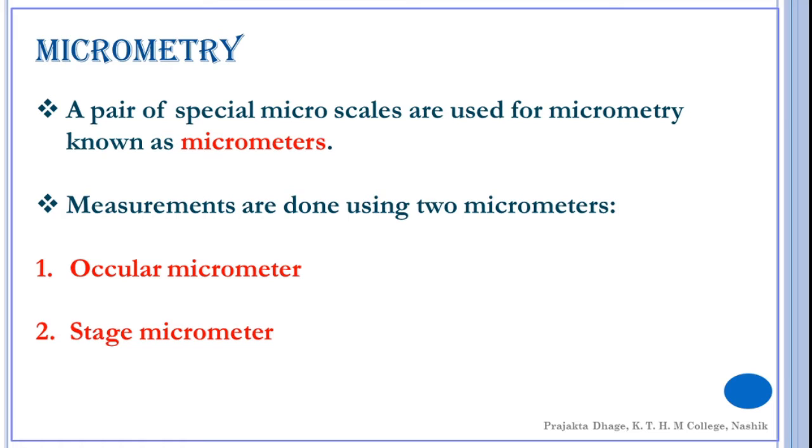One is called the ocular micrometer and the second one is referred to as the stage micrometer. Now the ocular micrometer is a transparent circular glass disc, which is placed in the body of the ocular or say eyepiece. And the stage micrometer is a glass slide on which a scale of known intervals is marked.